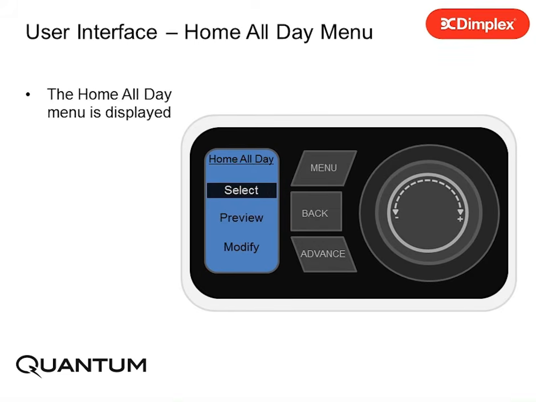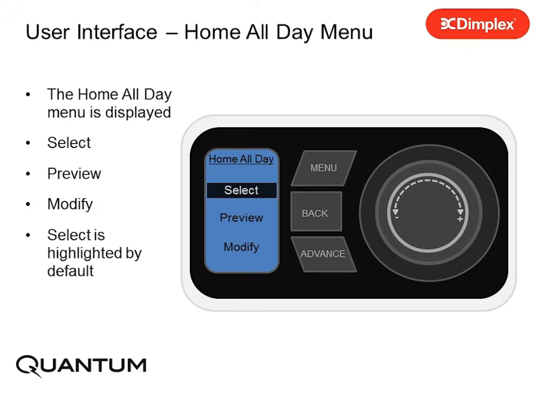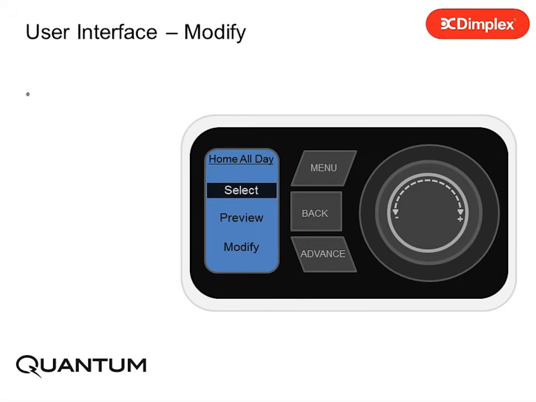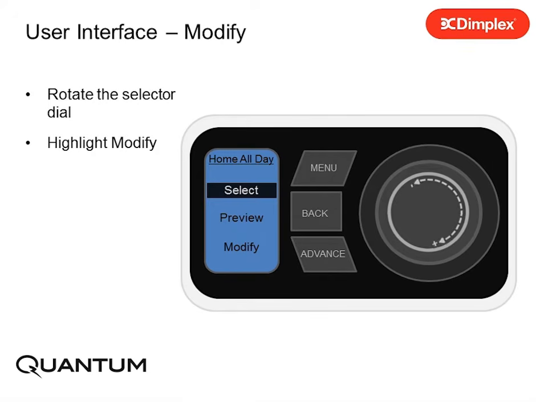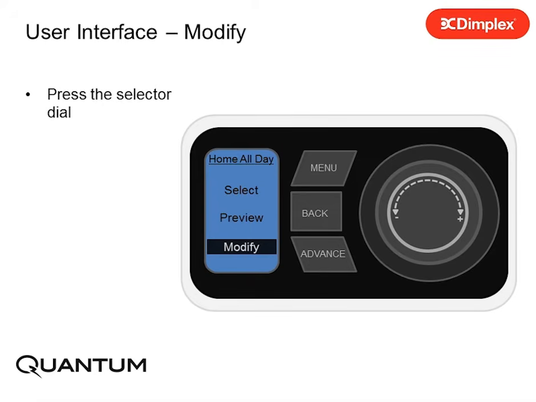The home all day menu is displayed. Select, preview and modify. Select is highlighted by default. Rotate the selector dial and highlight modify, and press the selector dial.